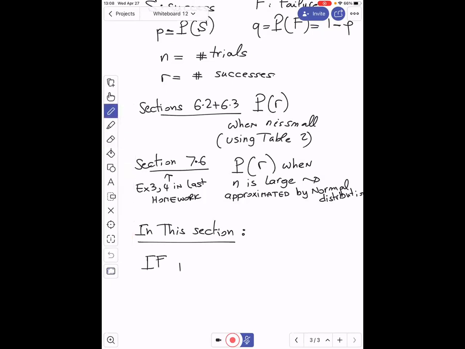If the probability of success is unknown, can we find an estimation of P?